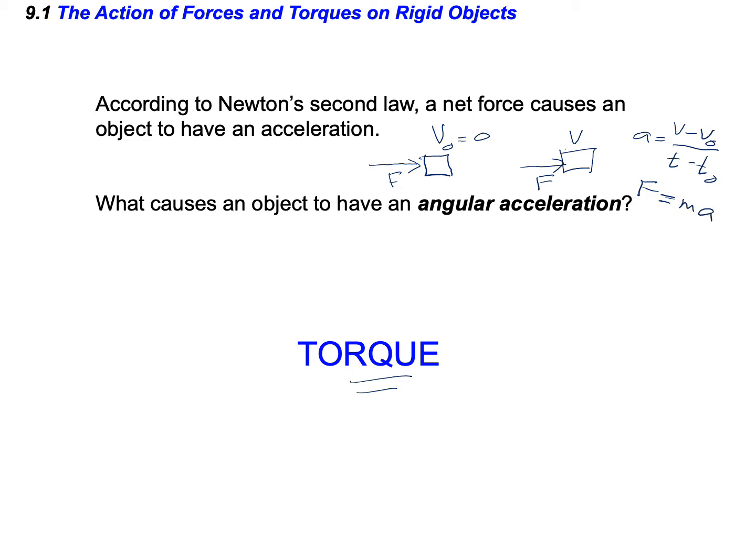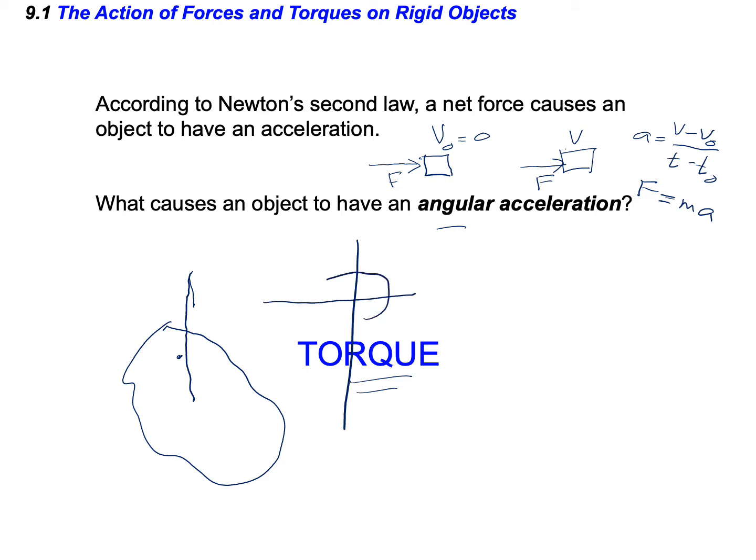In the angular case, let's say we have an object which has an axis. I can draw a side view. This object can spin around this axis.